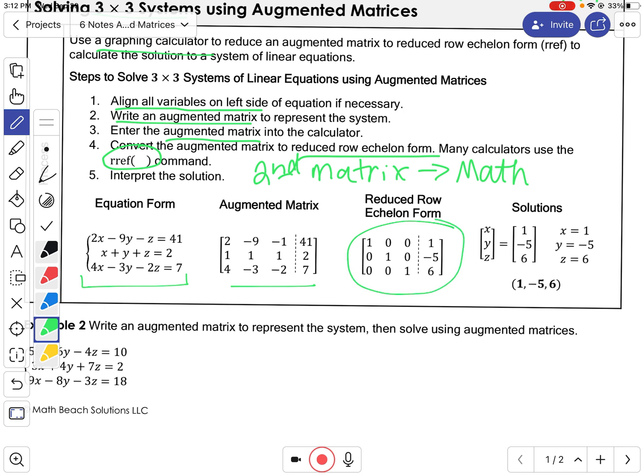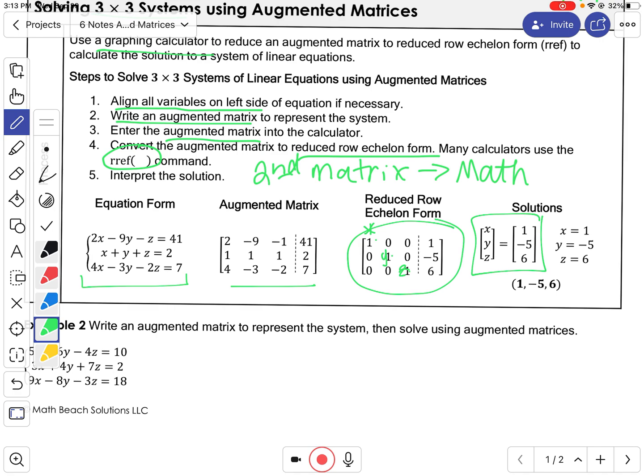Now, notice that there's a 1, a 1, and a 1, but the rest are zeros, which means this is going to give me an x here because it's a 1. This is going to give me a y and then this is going to give me a z. So it actually tells you your solution: x equals 1, y equals -5, and z equals 6.